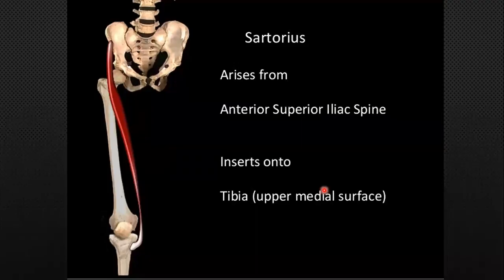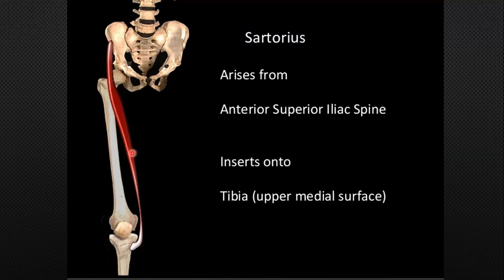Next muscle is the Sartorius muscle. It is a very tricky muscle, and I will tell you in a while why it is so tricky. It takes its origin from the anterior superior iliac spine, which is a bony prominence on the anterior aspect of the hip bone. This is the anterior superior spine.